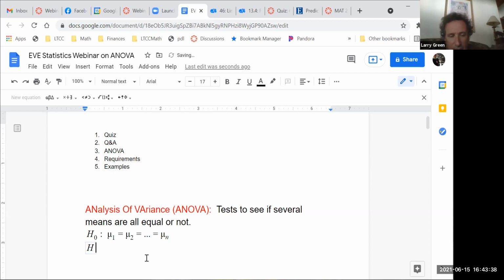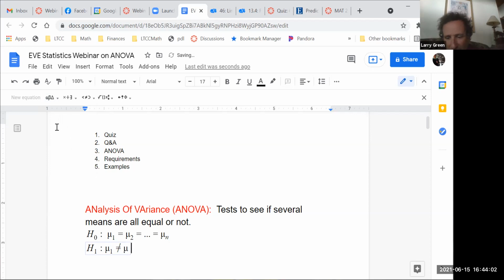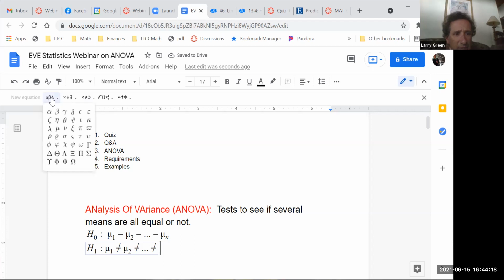Could I write H1, for the alternative hypothesis, and then go mu sub 1, and then not equal to mu sub 2, and then not equal to, and then not equal to again, and then it's mu sub n?